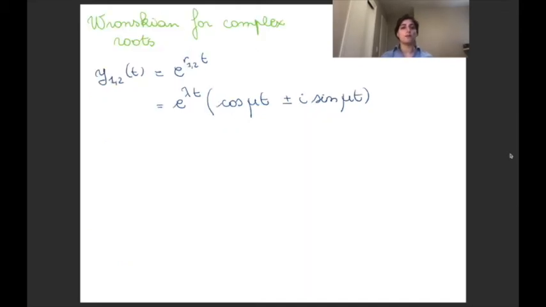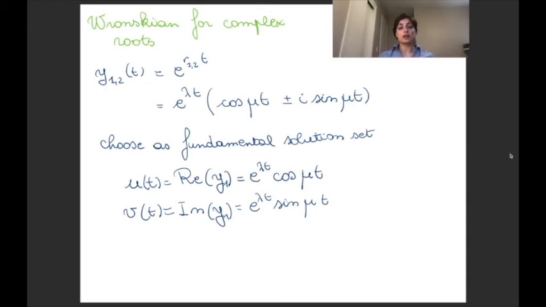What is the Wronskian when we're talking about complex roots? We're talking about y1 and y2 that are exponential of r1 t and r2 t respectively, that are exponential of lambda t multiplied by cosine of mu t plus or minus, depending on whether you're talking about y1 or y2, the imaginary number times sine mu t.